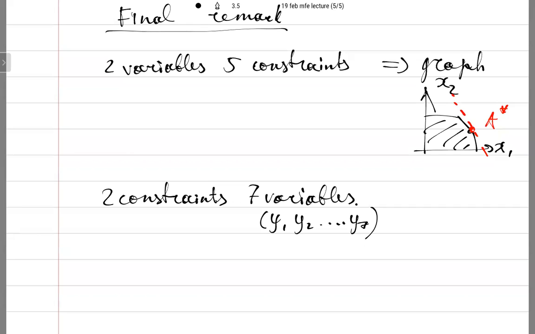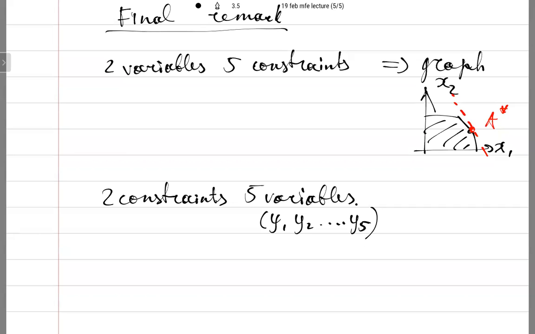Why not 5? You may have 5 constraints. It's not important. My idea is that at first it seems impossible to solve this problem graphically. How will I solve a problem with 5 variables graphically? I cannot draw in 5 dimensions. I'm a poor 3-dimensional human, not to say 7 dimensions.